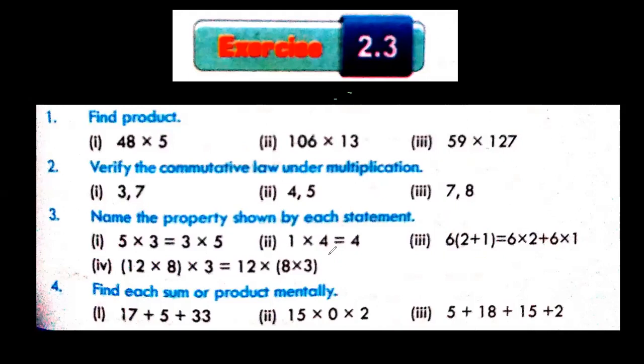Okay, and then question 4, find each sum or product mentally. Do it directly mentally, not with copy and pen. What will be the answer? Sir, it will be 55. 55, exactly.